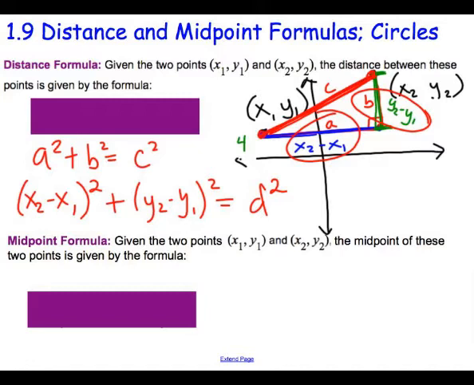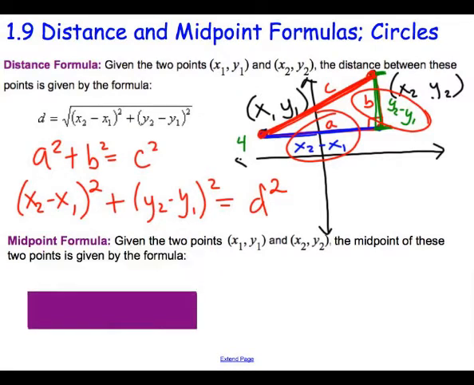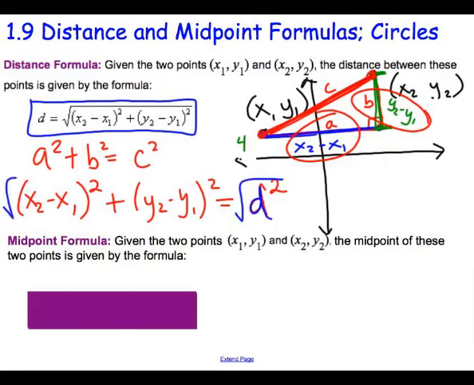So this is actually your distance formula. But math people go one step further, because in the end you're going to have to do one more step. They write it as the square root of the difference of the x's squared plus the difference of the y's squared. Because if I actually want to find d, I would have to square root both sides to solve for d.